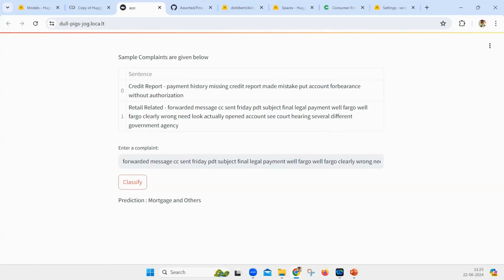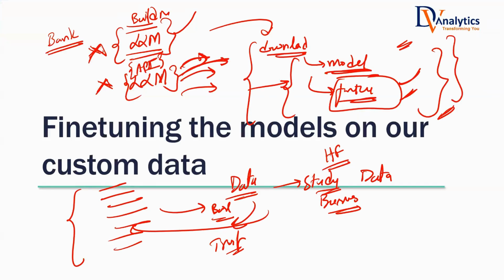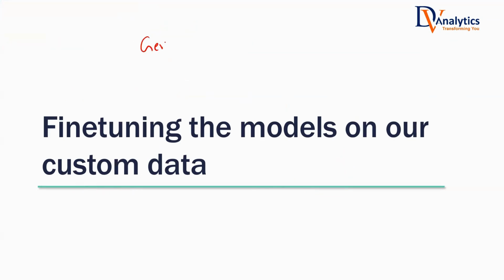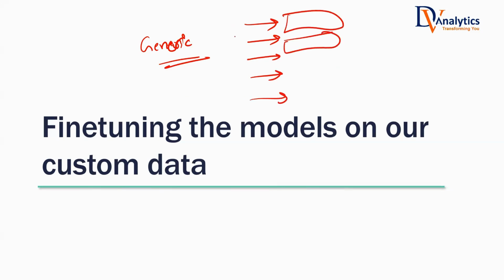So that concludes our session here, where we talked about using the Hugging Face models as they are, which is what people do in most cases. If you are working with generic data, what do I mean by generic data? If you're talking about sentiment analysis, no matter what the background, no matter what the business, positive sentiment, negative sentiment, whether it is e-commerce or banking or automobile, whatever the business, for sentiment analysis we can use these generic Hugging Face models as they are.